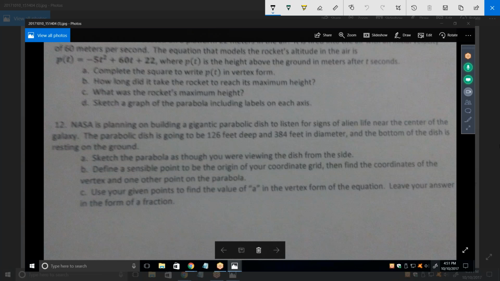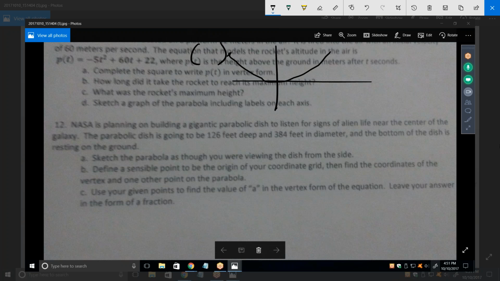All right. The way you always do these parabolic dish problems is you draw the axis and you put the vertex at the bottom, or at the origin, excuse me. So there's the parabolic dish as looked upon from the side. Now, they've told us that it's going to be 126 feet deep and 384 feet in diameter.